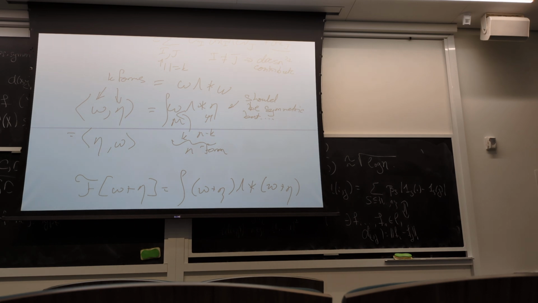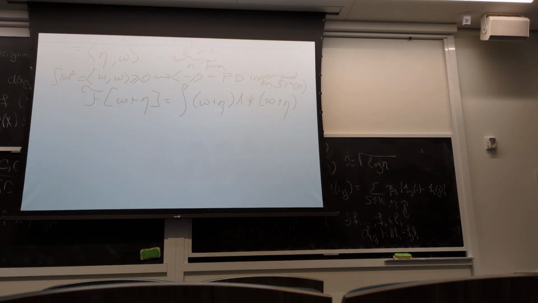And since omega comma omega is greater than or equal to 0, because it's equal to the integral of something squared, this implies that this is a positive definite form on the space of k forms.